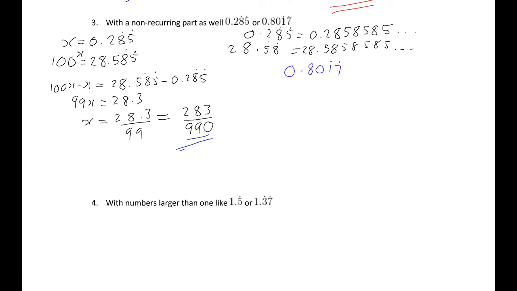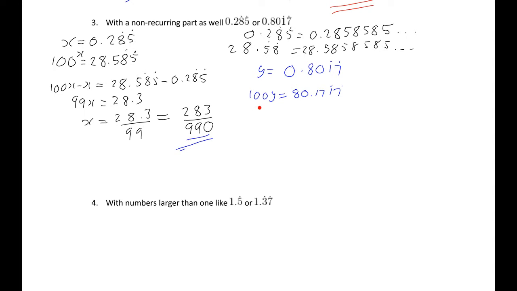0.8017 recurring. Y equals... I'm going to do 100y, because again I can see there are 2 recurring numbers. That is 80.1717 recurring. Again, I could have just written the 17 recurring here. The only reason I've written it there and explicitly put a 17 here is to make it absolutely clear that these line up.